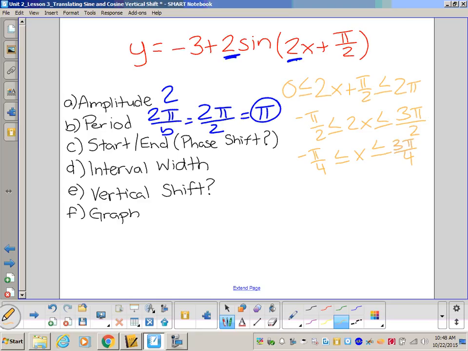Dividing by 2 is the same as multiplying by 1/2. So my start and my end.